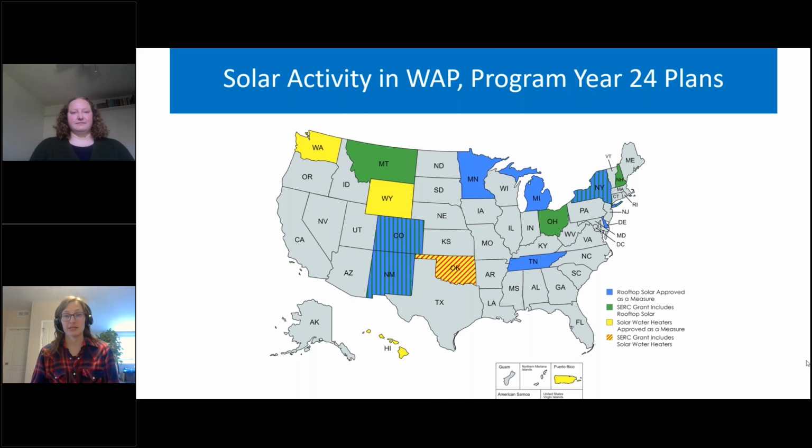And so one of those is the Sustainable Energy Resources for Consumers Award, or CERC grants. And these specifically can be used for renewable energy systems to be installed on client homes within the program, and they're not subject to the same cost effectiveness and spending threshold limits as typical WAP formula funds. So I forgot to mention that at the beginning, thought it would be useful to mention that now. Yeah, so those are those green states.